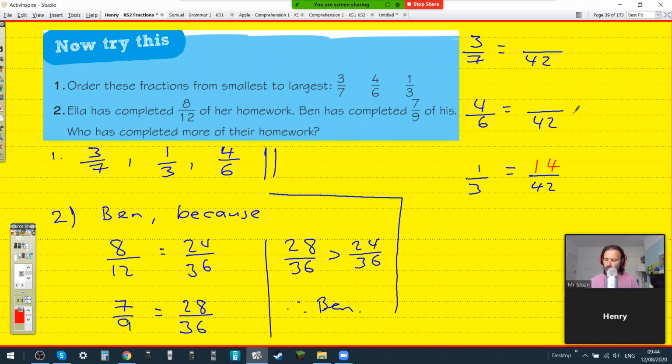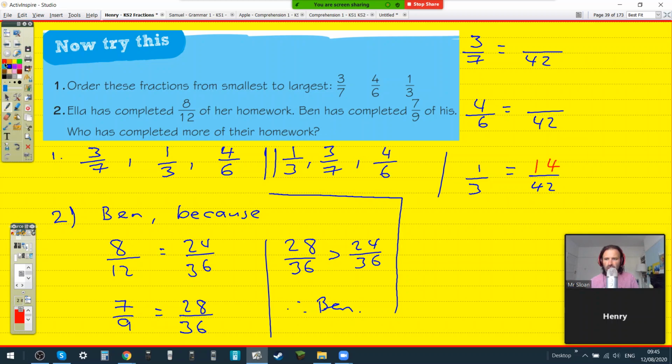Or was it 1/3 is the smallest and 3/7 is the middle? Oh wait, 1/3 is the smallest, 3/7 is second smallest, and 4/6 is biggest.